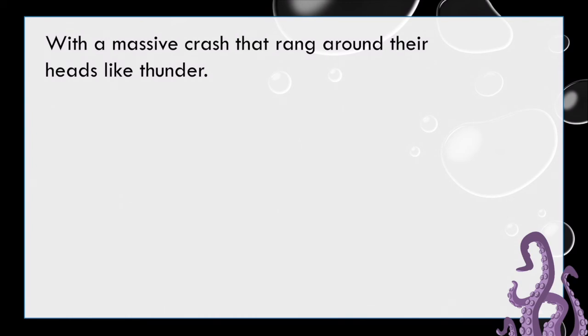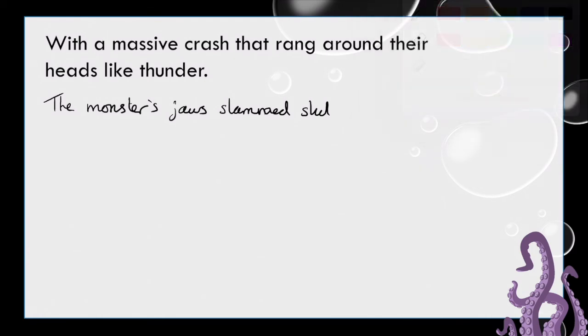It could be the tentacle hits the ship, or the monster's jaws close, or a cannon fires at the monster. What could I have happening? I'm going to have the monster's jaws closing. So, the monster's jaws slammed shut. Whoops, I can't put shut there, I put sut.